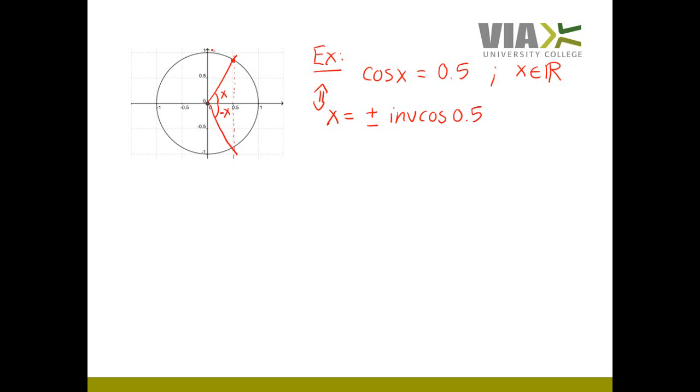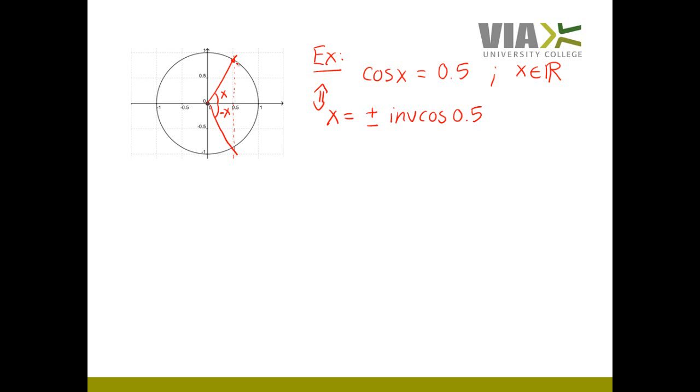And if we add another journey on the unit circle, we'll get back to a new angle which also has a cosine value of 0.5, and so on and so forth.